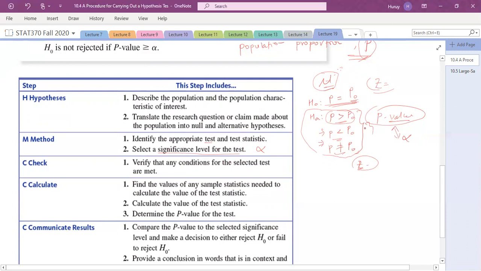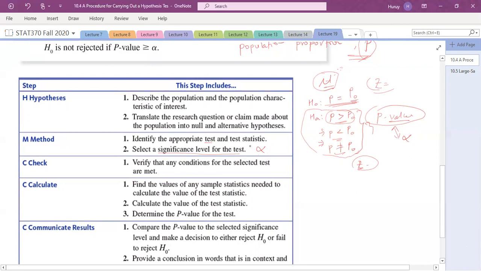It's not after you find the p-value, because, let's say, if I'm conducting research and I choose alpha after the p-value, then I can choose an alpha so that my conclusion comes out the way I wanted it to be. For example, if I wanted to reject the null hypothesis, I can pick alpha in a way that would allow me to reject the null hypothesis. But that shouldn't be the case.